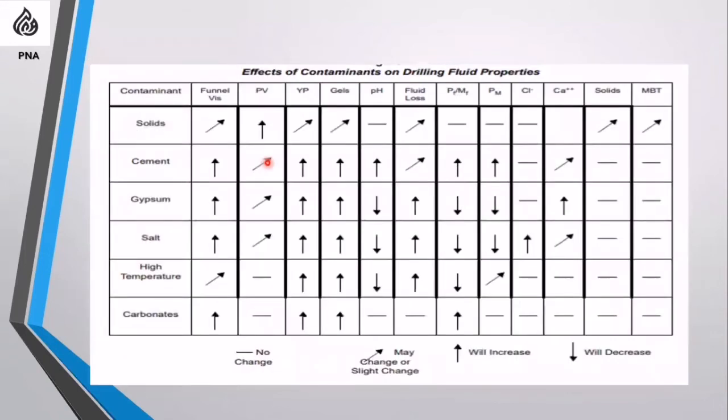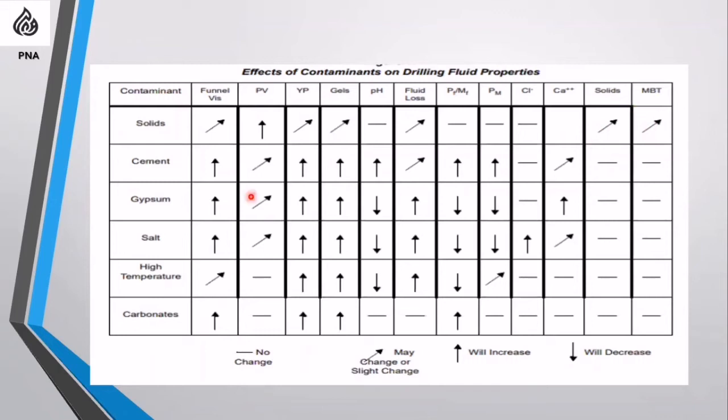Here, when the mud engineer makes the usual full test for parameters, and finds an increase in plastic viscosity and a slight increase in the gel, YP and fluid loss, and also an increase in solids and MBT, slight increase here.